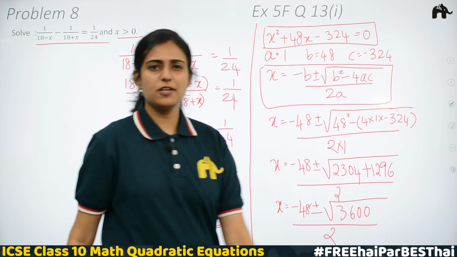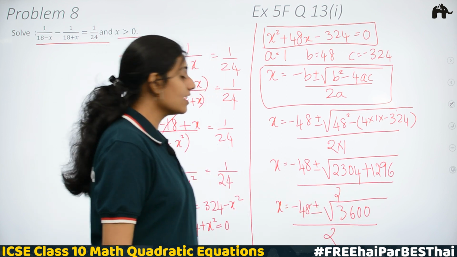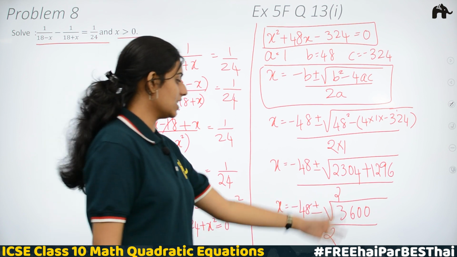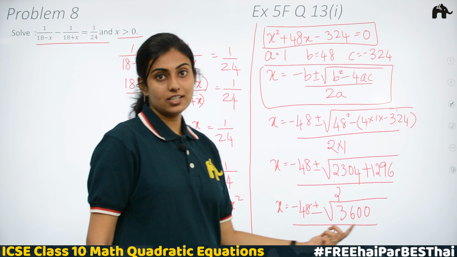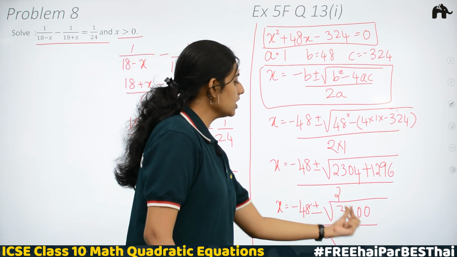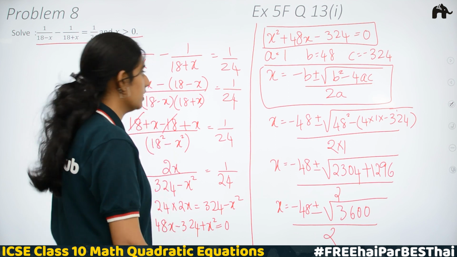3600, is it a perfect square number? 36. 36 is the square of 6. Then into 100. 100 is the square of 10, which means root of 3600 is equal to 60. That is 6 into 10.